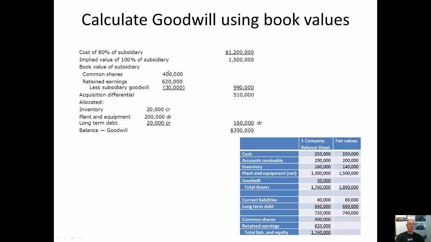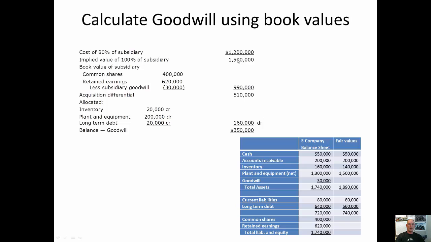So shareholders' equity is what I've used here. Notice that that's common shares plus retained earnings, but we do again have to deduct the existing goodwill on the books of the subsidiary. So that $30,000 has to come off.